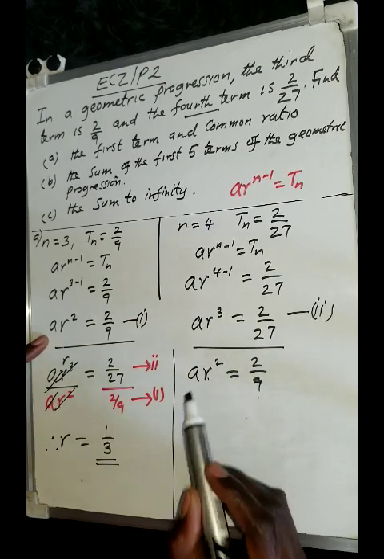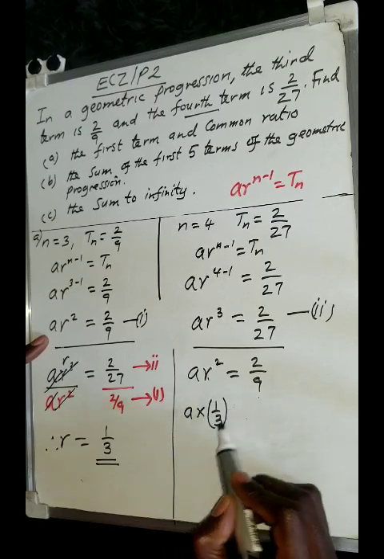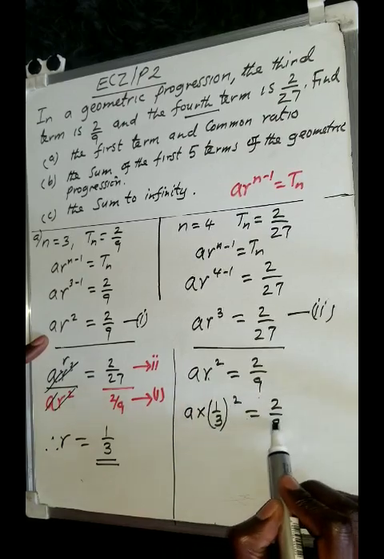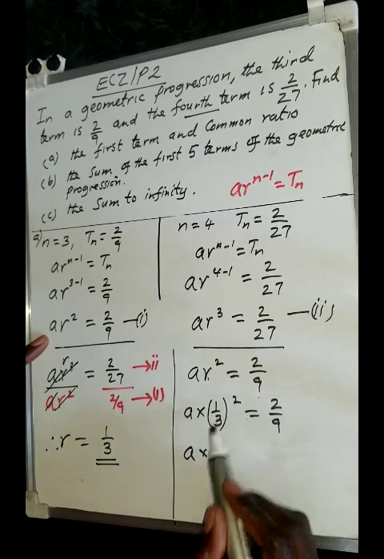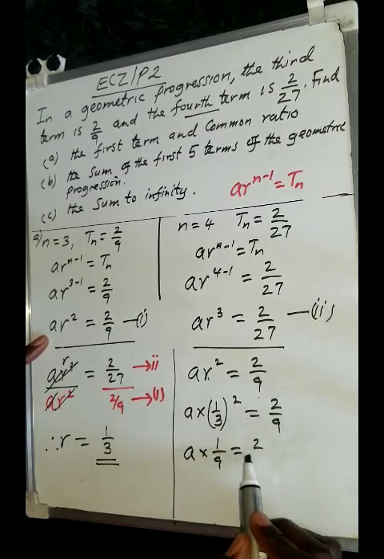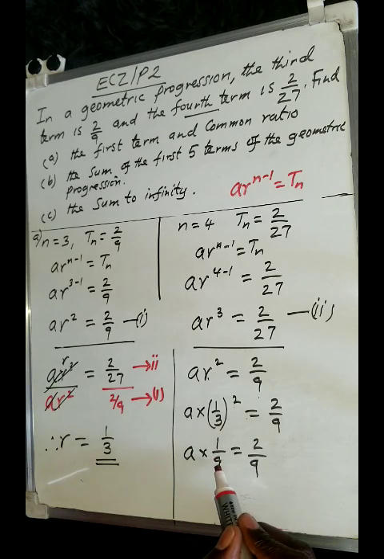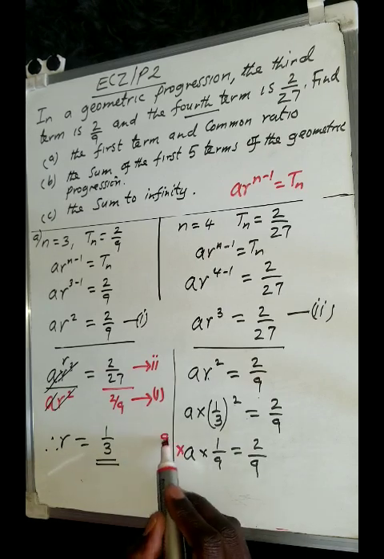Remember, my r is 1/3, so it will be a times 1/3 raised to the power 2 is equal to 2/9. It will be a times 1/9 is equal to 2/9. Now what you can do there is that, of course, you can divide by 1/9, but the simplest is you multiply by the reciprocal of 1/9. What is the reciprocal of 1/9? It is simply 9/1.